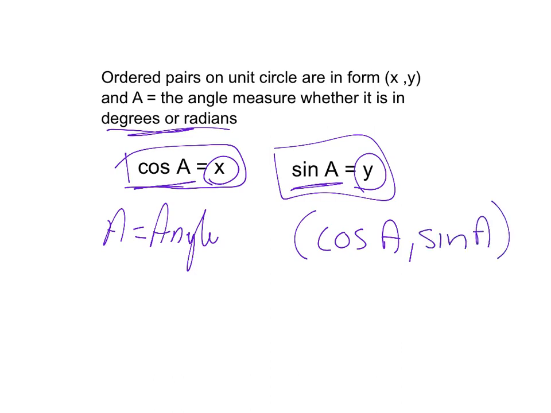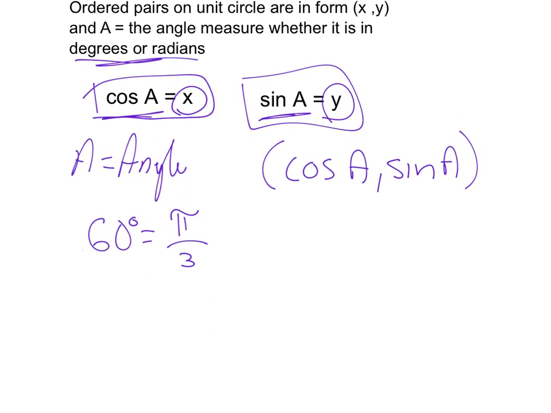If I'm looking at the unit circle, which you should have in your notes or on a piece of paper somewhere, by all means print one out. You don't have to draw it by hand, not till later. So if I look at something simple like 60 degrees, which becomes pi over 3 as a radian, how does that go on your unit circle?